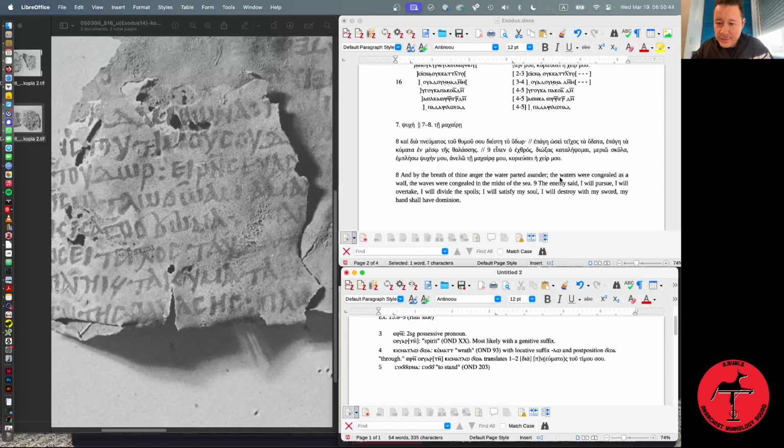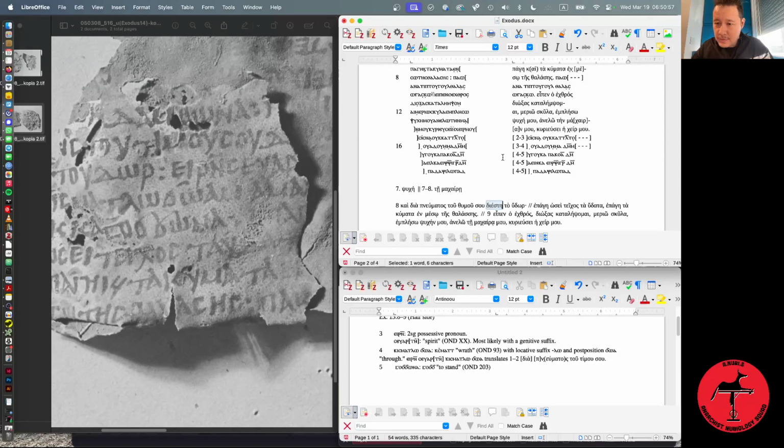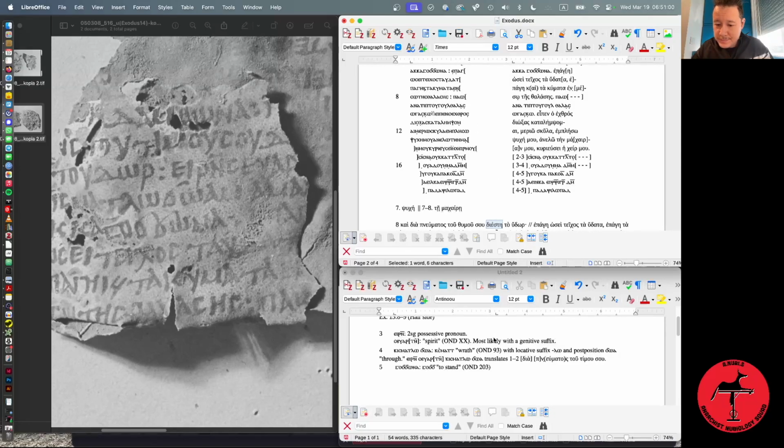Parted water asunder. But this is quite another word. Anyhow, so this is with PT1, 3 singular. On 2, 3 singular.